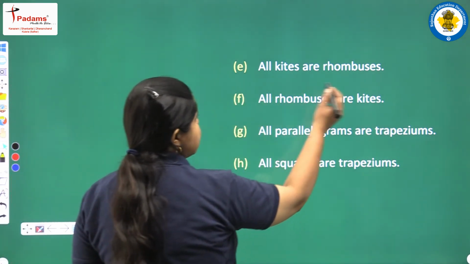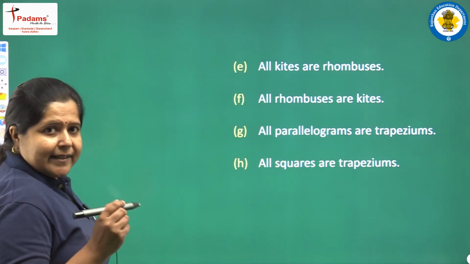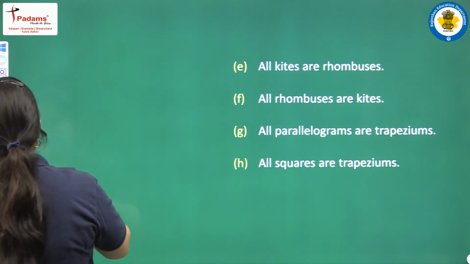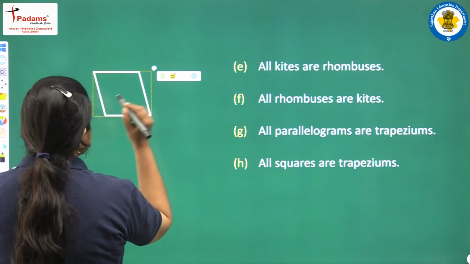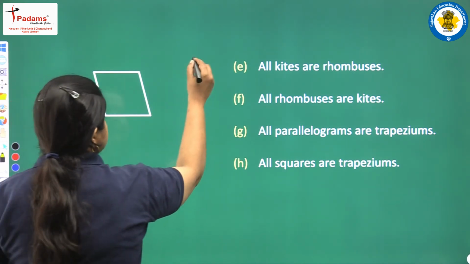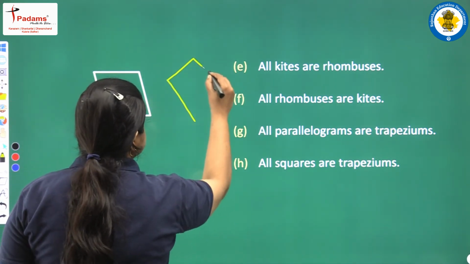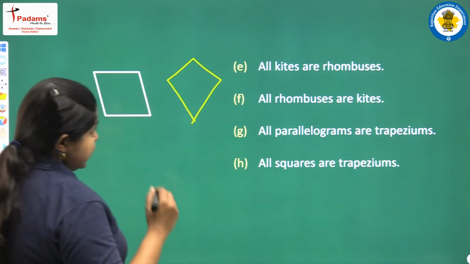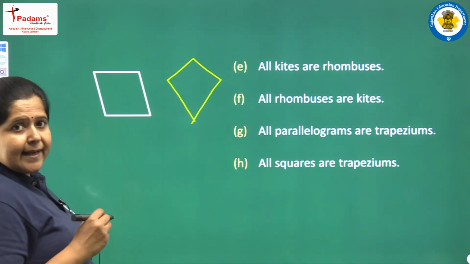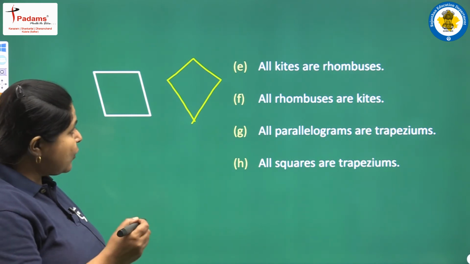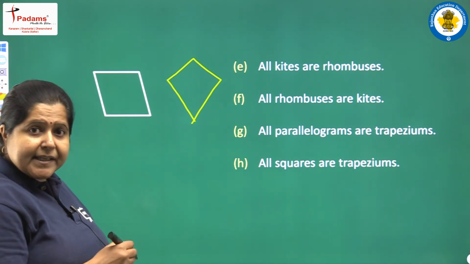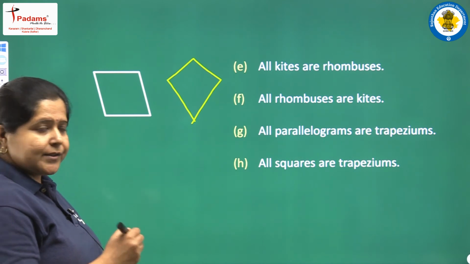All kites are rhombuses. Again, let me draw one kite and a rhombus. This is a rhombus, and let me draw one kite also. Then we had discussed earlier that all rhombuses are kites also, but now we will discuss whether kites are also rhombuses or not.